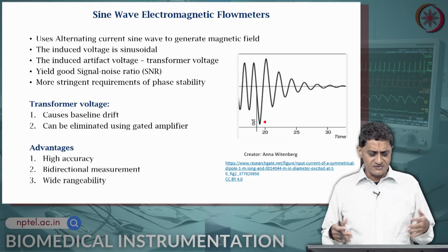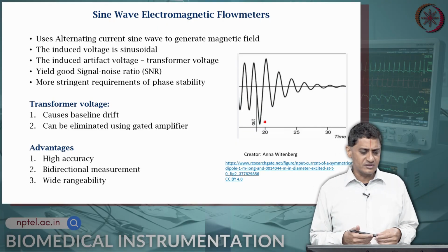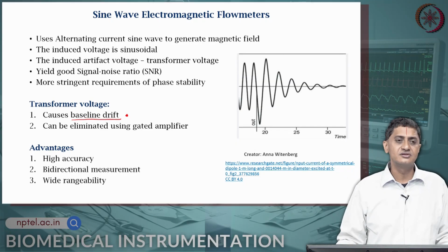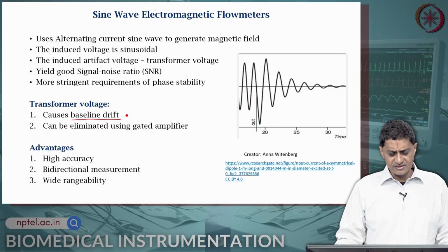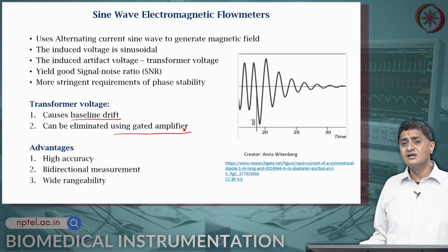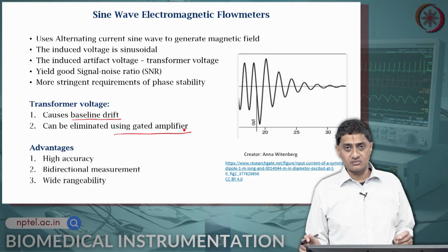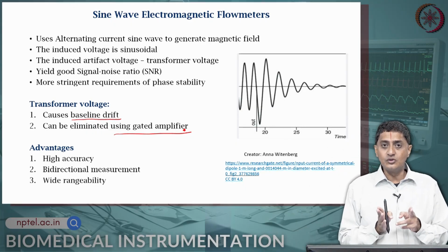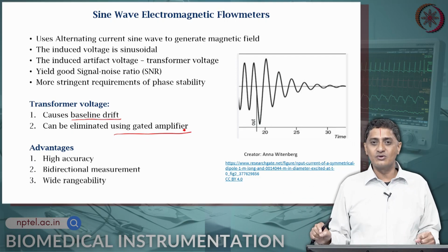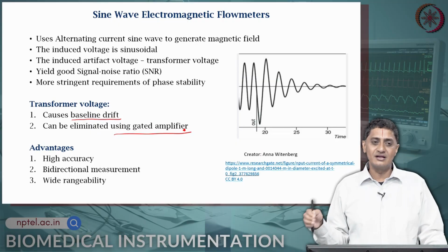There are several ways in which you can overcome that. This essentially causes a baseline drift, not by a small amount, a huge drift usually. One way of eliminating this is using a gated amplifier, the other is using a phantom electrode, splitting an electrode into two and keeping one of them farther away to measure the transformer potential and then eliminating it.